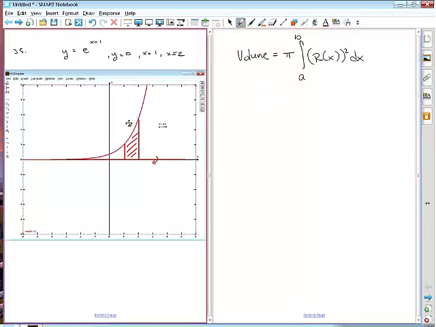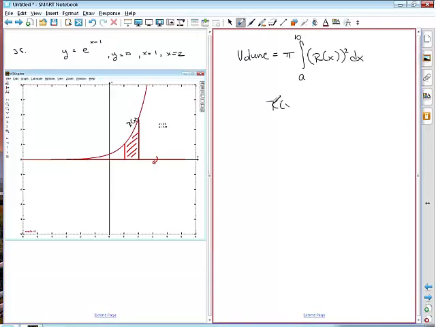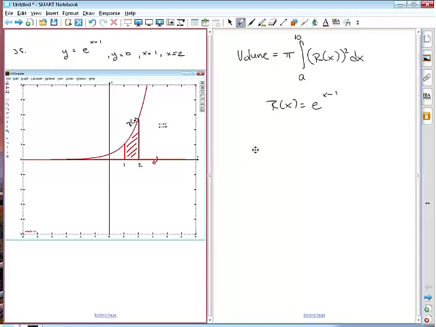So this R of x is the upper curve. The inside curve is just equal to the x-axis. So we know that R of x is just equal to e to the x minus 1. And the limits of integration are going to be from x equals 1 to x equals 2.